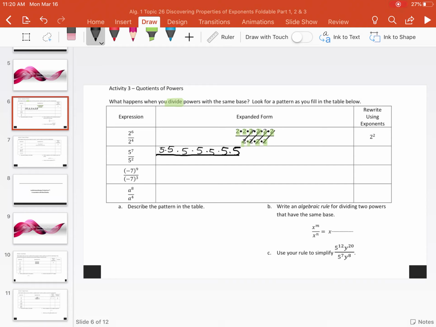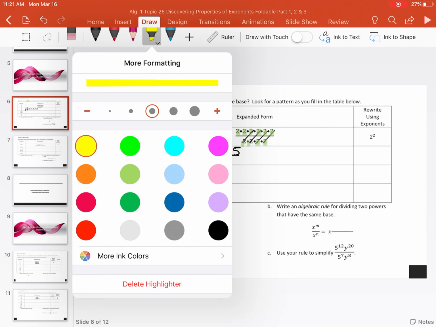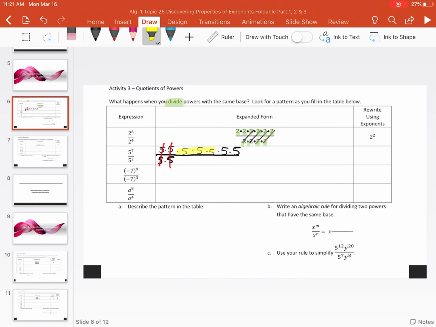And over 5 squared, which is the same thing as 5 times 5. Anytime we see the same number in the numerator as the denominator, that's going to reduce to 1 if we divide those two. So 5 divided by 5 gives us 1, 5 divided by 5 gives us 1, and we're just left with this value right here. We're going to be left with 5 to the 5th power, because we see 5 of those 5s.